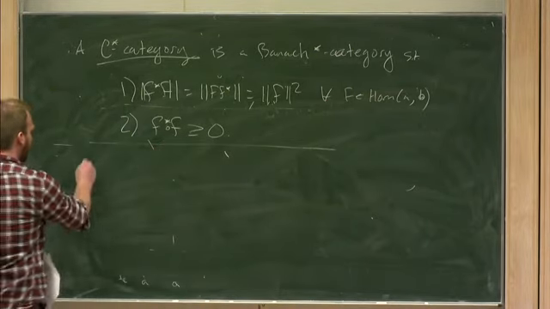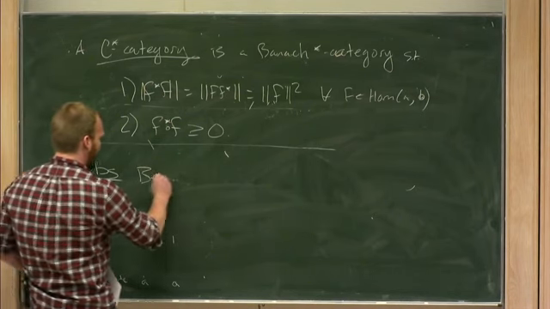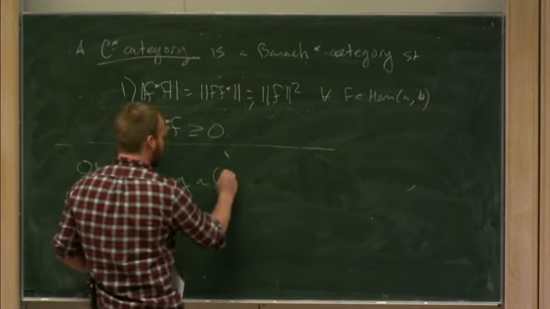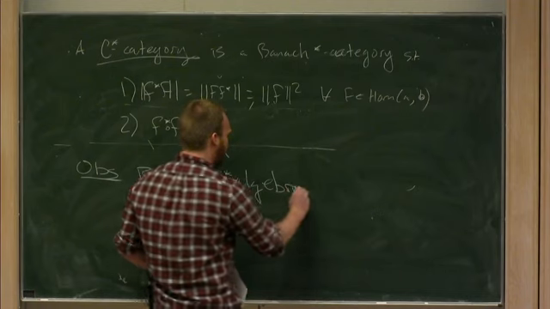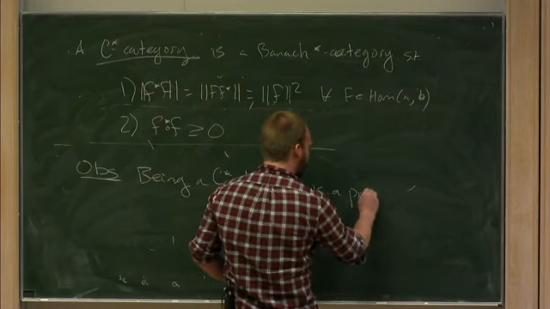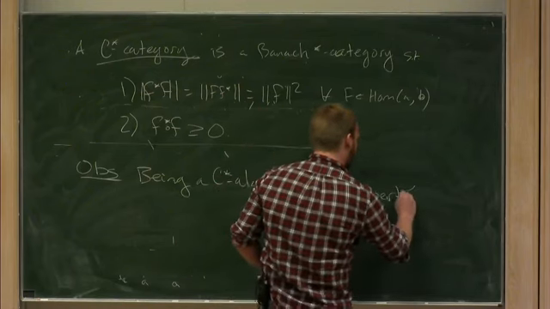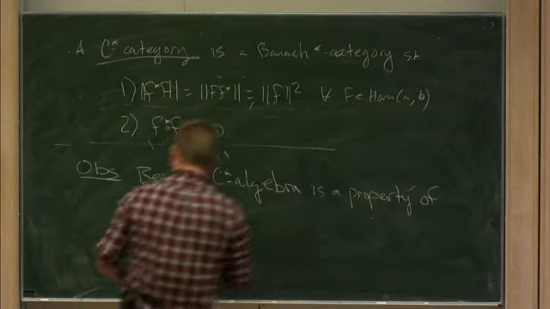So now let me point out an observation. Being a C-star algebra is actually a property of a star algebra, with no norm condition, and it's not additional structure.